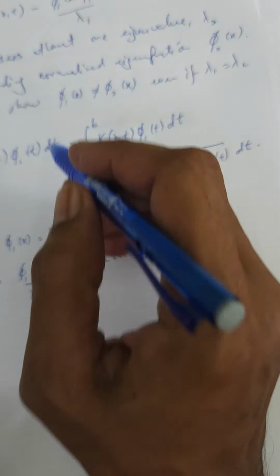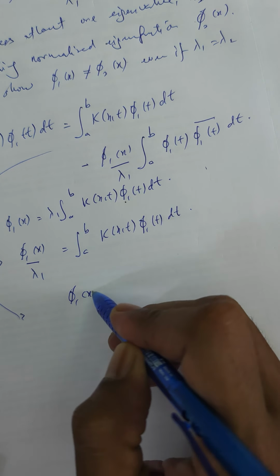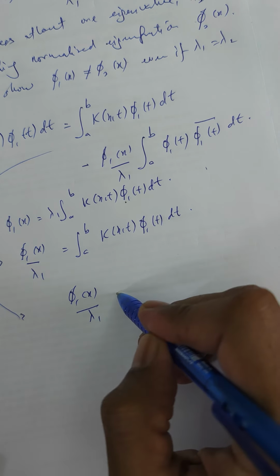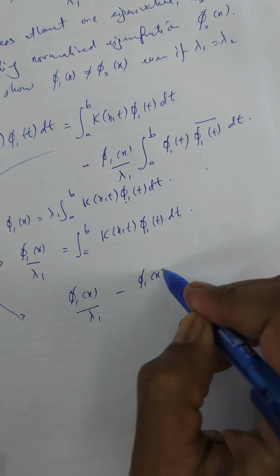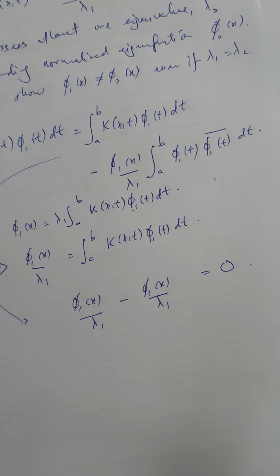So everything here gives phi 1 x over lambda 1 minus phi 1 x over lambda 1, that gives you 0.